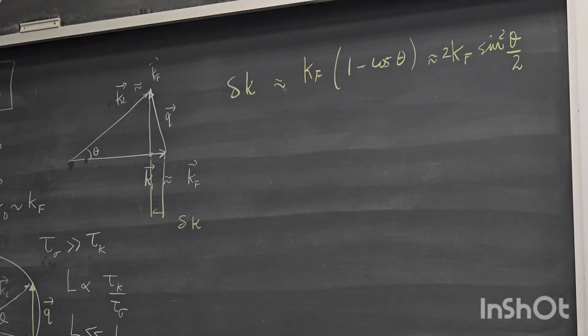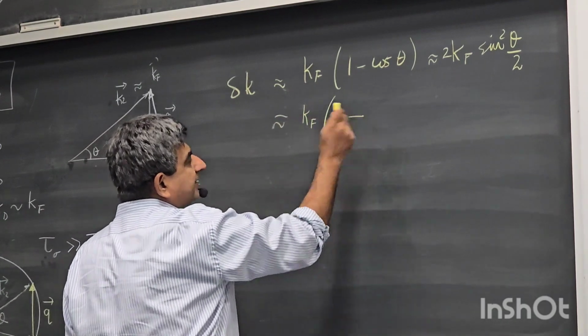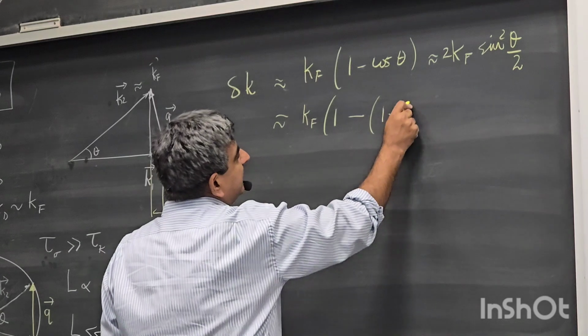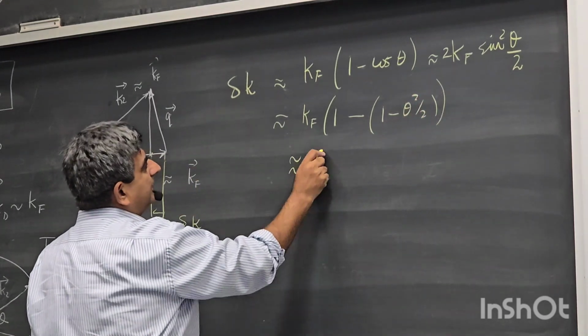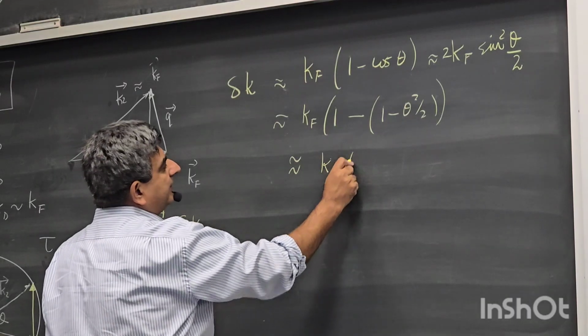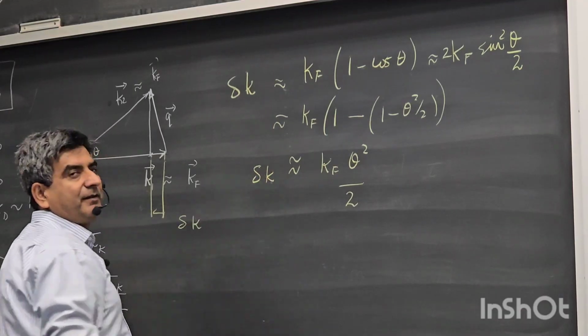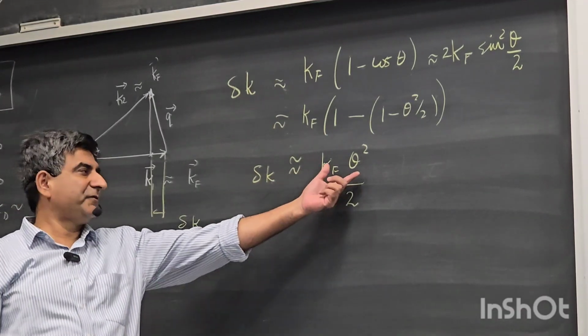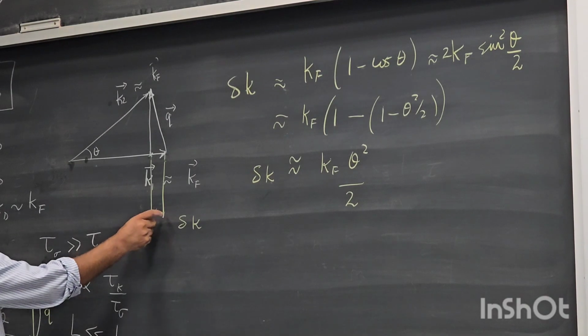Correct? Or another thing we could do: since theta is small, let me write cosine theta as 1 minus theta square over 2. So this becomes kf theta square over 2. This is the change in momentum. So this delta k is much smaller than kf, which means theta is really small. So this is the maximum change in momentum.